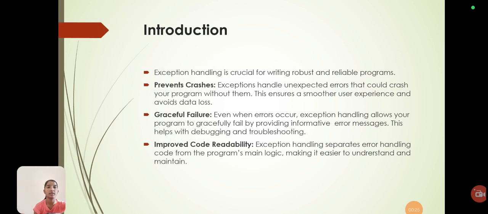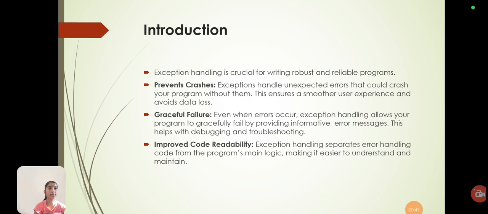First of all, we have to start with the introduction. Exception handling is critical for writing robust and reliable programs. Prevents crashes: exception handling handles unexpected errors that could crash your program without it. This ensures a smoother user experience and avoids data loss.